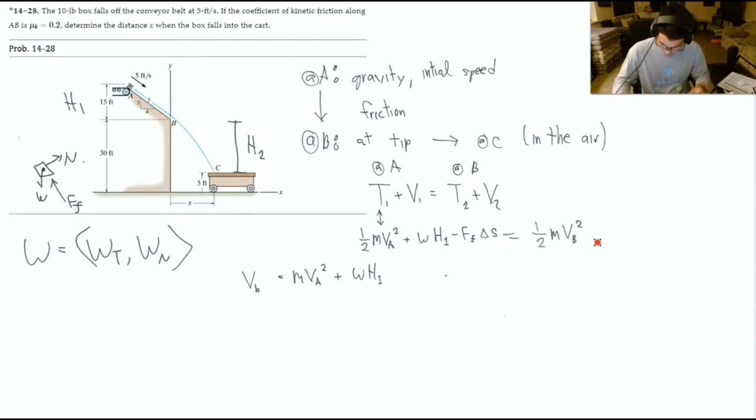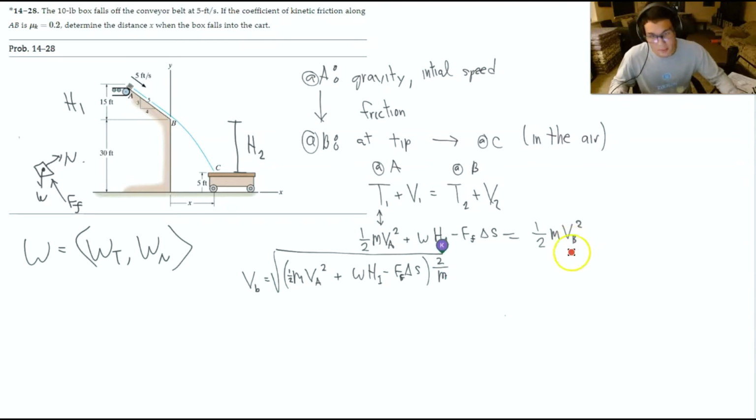In fact, I'm not going to skip steps. Usually I try to skip steps to make this go by fast. But I won't. Minus f, change in s. Then we're going to be multiplying this by 2 and then dividing by m. And then we're going to take the square root, the positive square root of this. Okay, so this is what we're going to get.